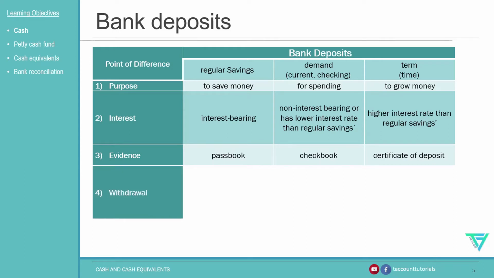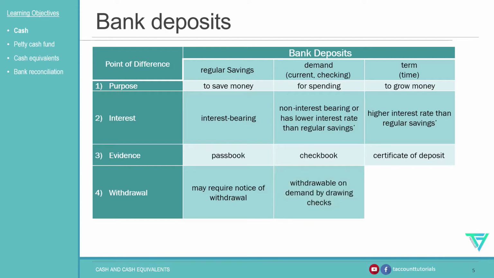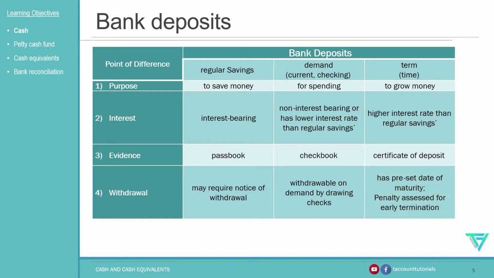As to withdrawal, regular savings may require notice of withdrawal. Usually it applies to large amount of money. For demand deposit, from the name of the deposit, demand, it is withdrawable on demand by drawing checks. And for time deposit, it has a preset date of maturity.